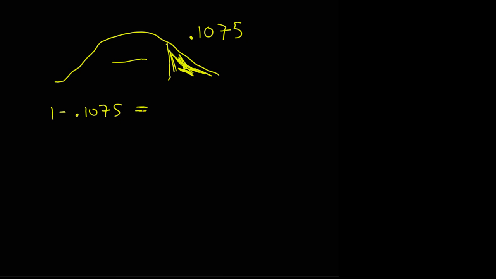So I have to subtract this from 1. 1 minus 0.1075 is 0.8925. And so my Z value will correspond on our table to 0.8925.